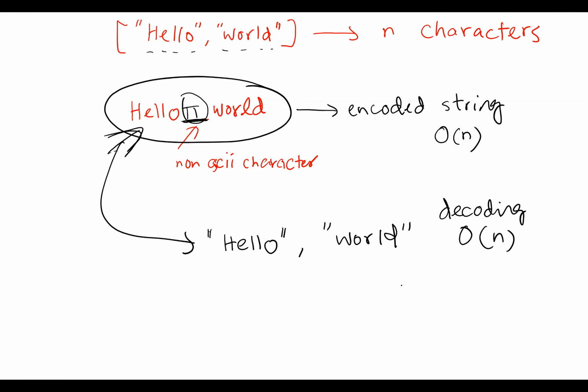And the space is like, say, if we have k words, or k strings, in that case we need order of k of this delimiter character pi, right? We need this k times to join all these strings.